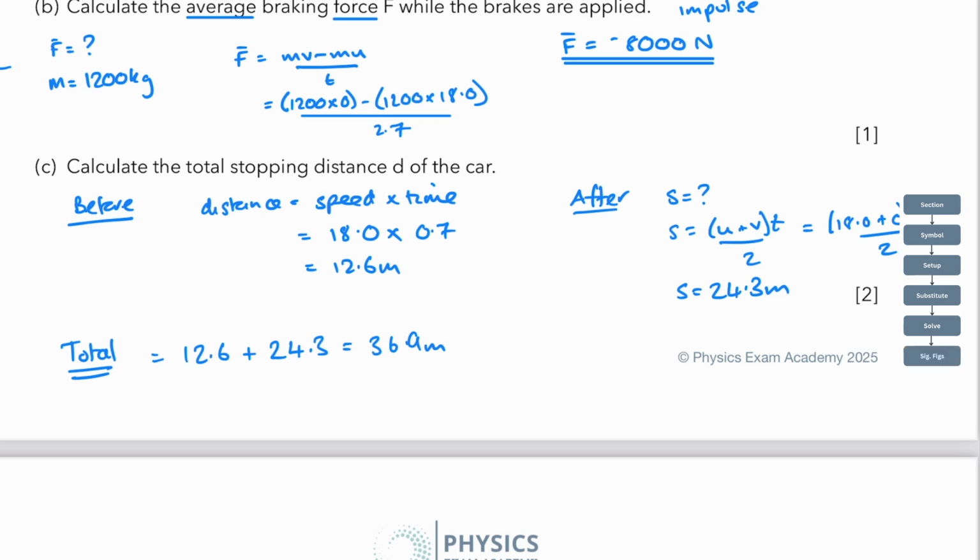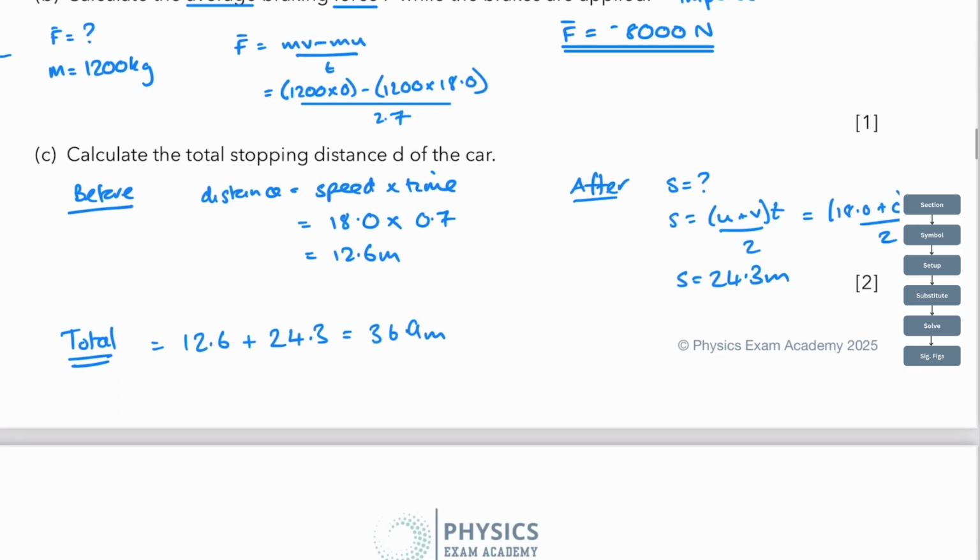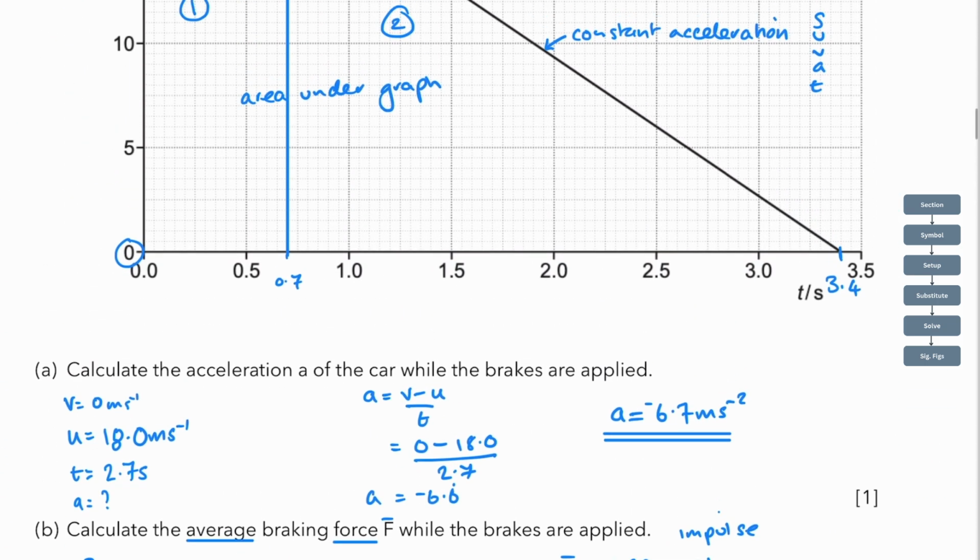For our final answer, we need to give it to two significant figures. So the total distance equals 37 metres to two significant figures. The reason I'm giving it to two significant figures, I'm sure you're aware, is that this data here on the graph is all two significant figures.